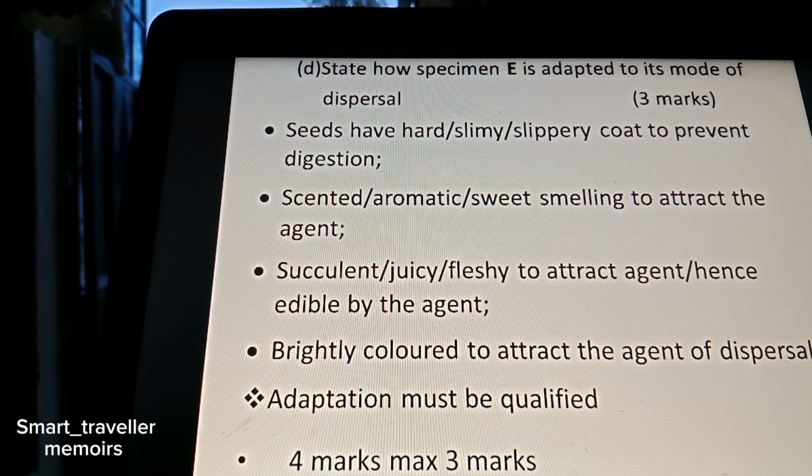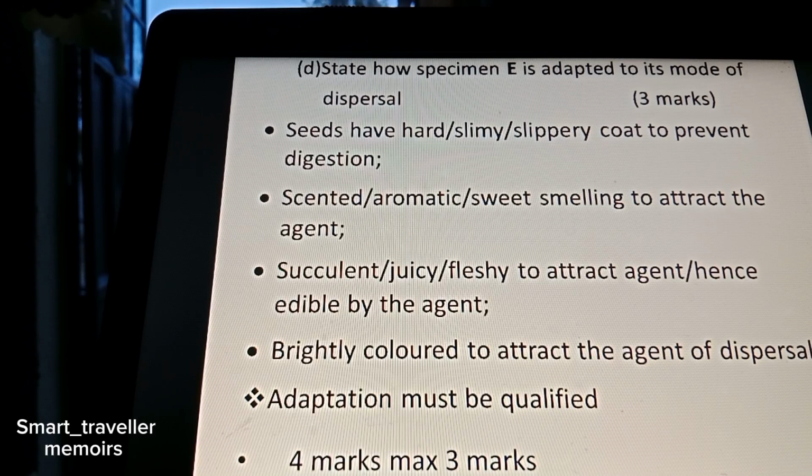State how specimen E is adapted to its mode of dispersal. So here we have, the first one is that seeds have a hard or slippery coat to prevent digestion. Seeds have a hard coat to prevent digestion, or seeds have a slimy coat to prevent digestion, or seeds have a slippery coat to prevent digestion.